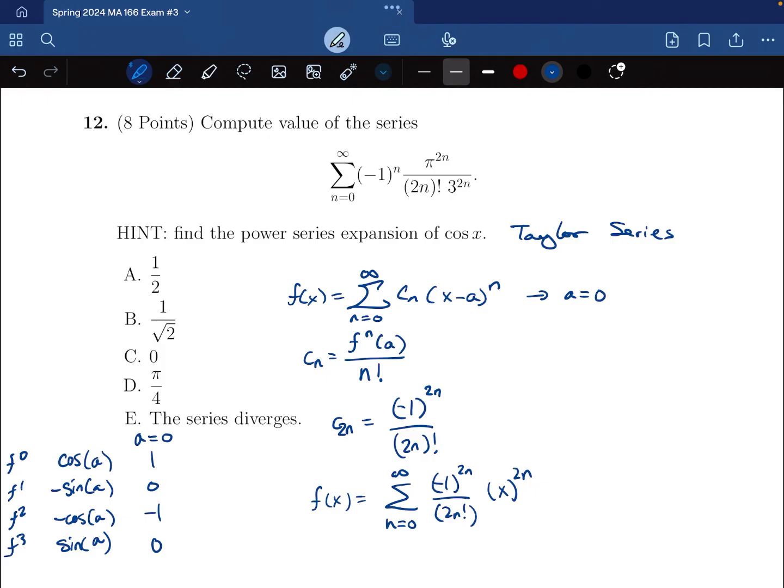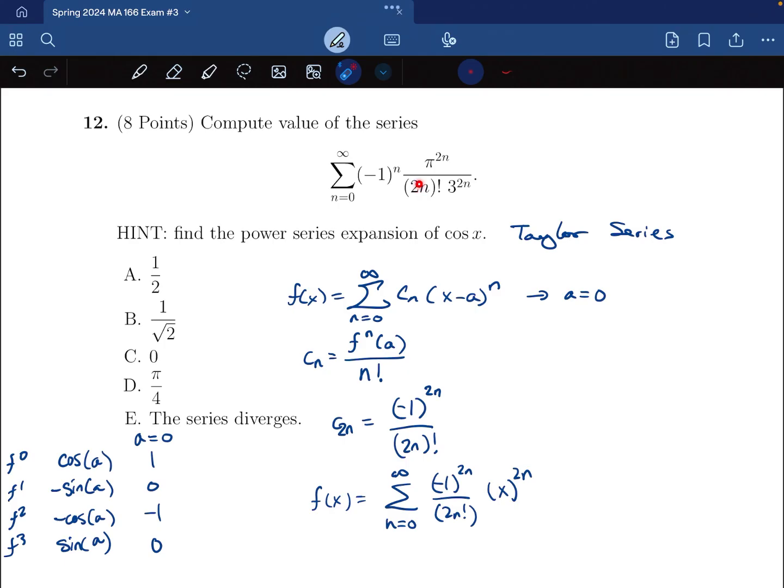So now I have an expression that is very similar to what they provided in the question.